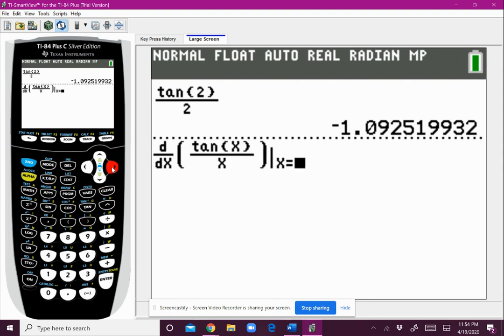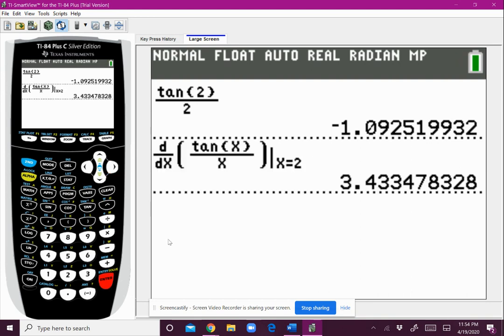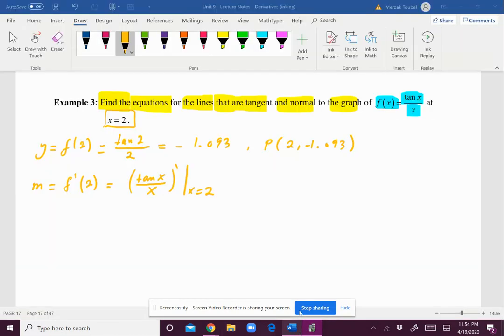And then the last part is specifying the value of x, which is 2. Then you hit enter and you get the derivative. It's 3.433, taking 3 decimal places. So this simply equals 3.433.